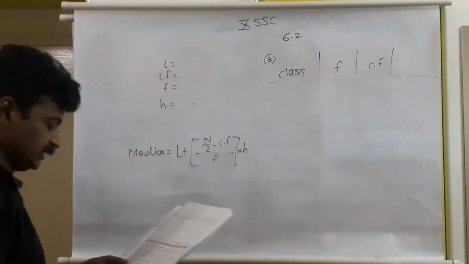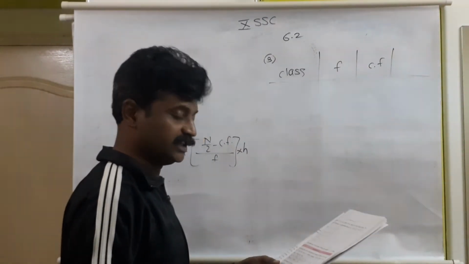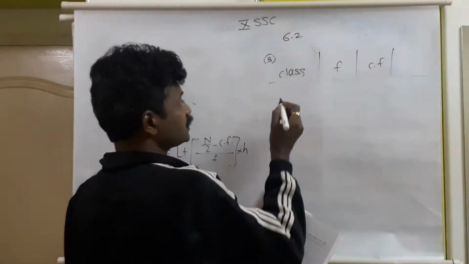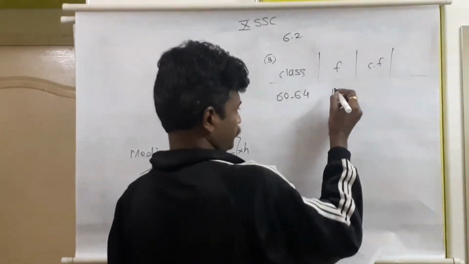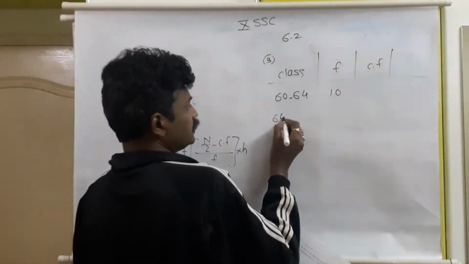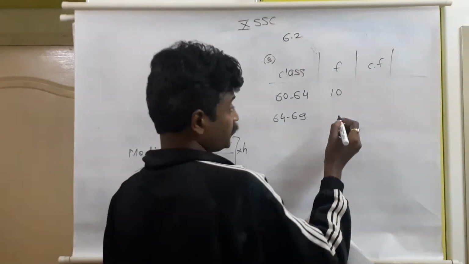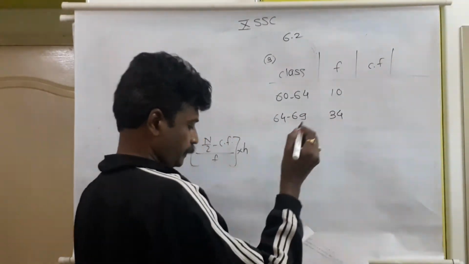So here the classes: average speed of vehicles in kilometers per hour, 60 to 64 speed, 10 vehicles. 64 to 69 speed, 34 vehicles.